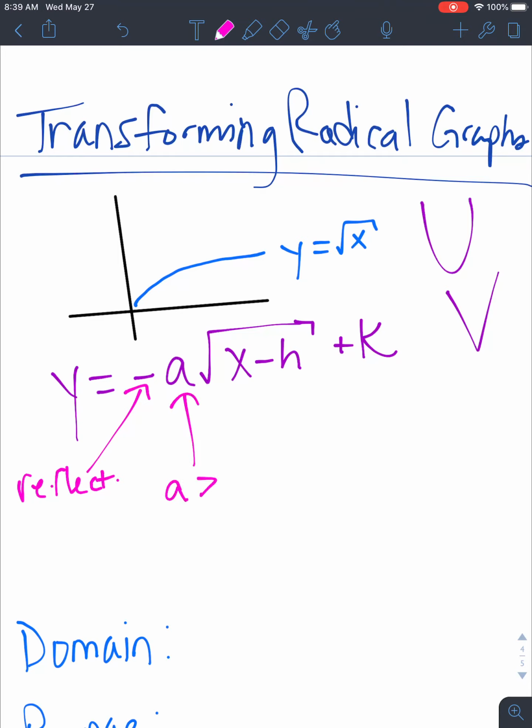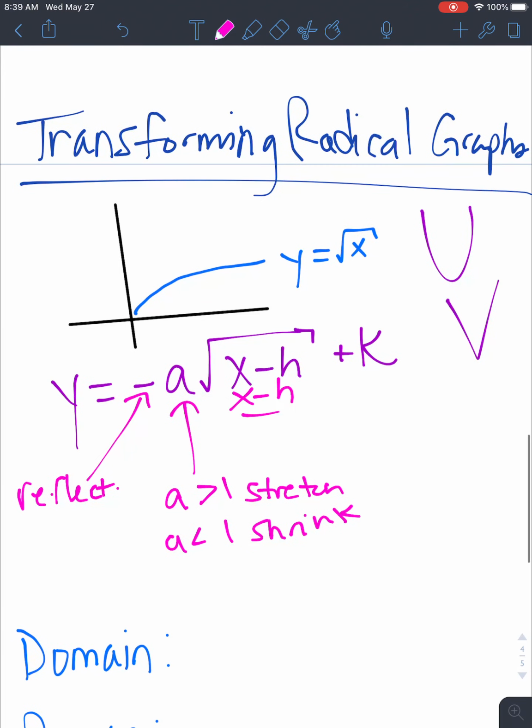If a was bigger than 1, we called it a stretch. And if a was less than 1, we called it a shrink. If we had x minus h, we were going to the right. And if we had an x plus h, we moved to the left. And then plus k took us up, and a minus k took us down.